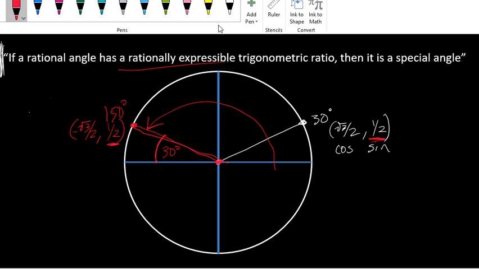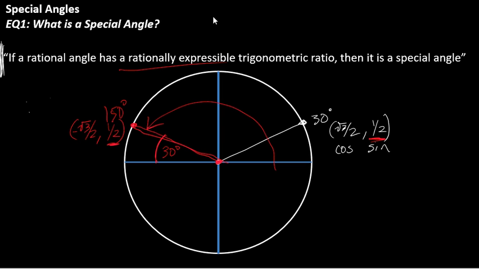Let me go back to what I was talking about with quadrants. This would be quadrant 1, just like on our Cartesian coordinate system. This would be where x and y are both positive, or where cosine and sine are both positive. Here in quadrant 2, however, cosine would be negative, or our x would be negative, and our y would still be positive.